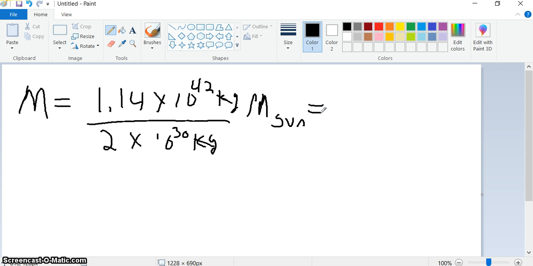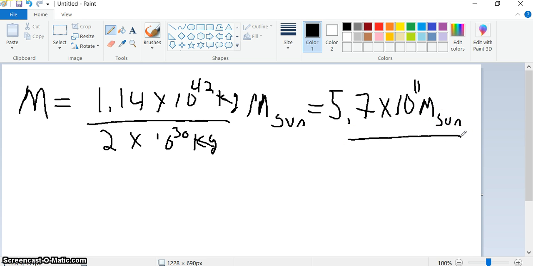So that turns out to be 5.7. It's 5.7 times 10 to the 11th times the mass of the sun. All right, so that's usually how we talk about the mass when you're talking about an entire galaxy.